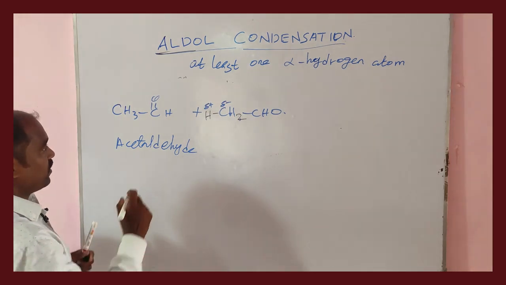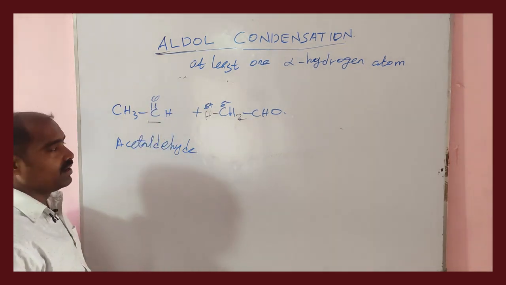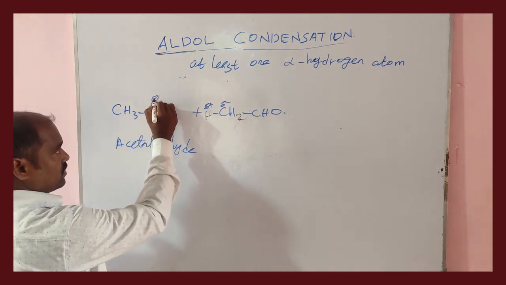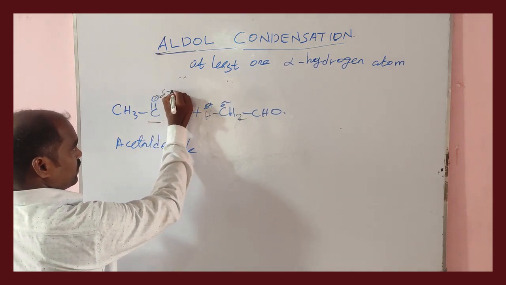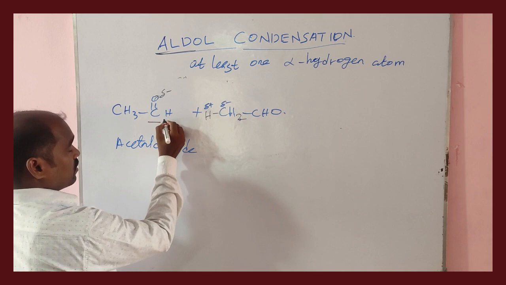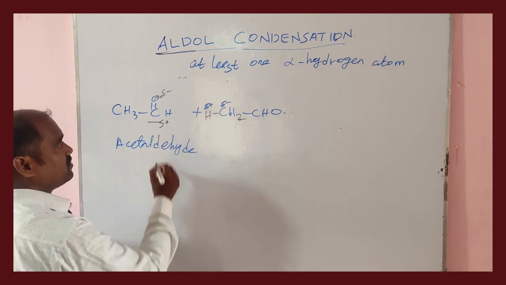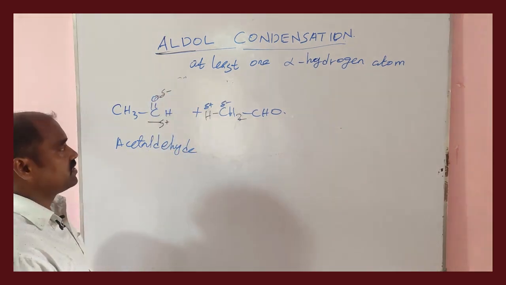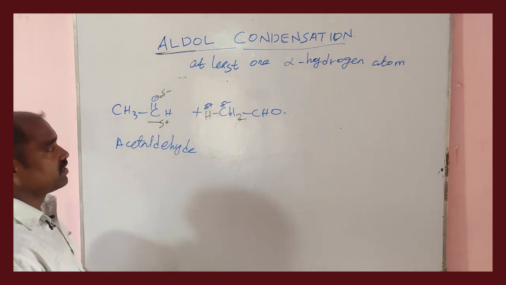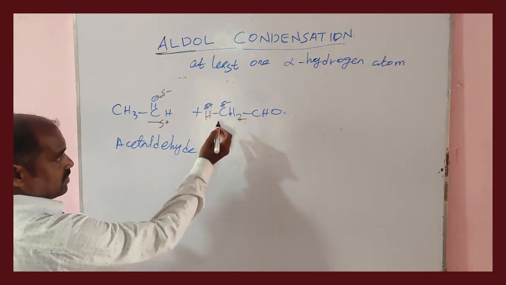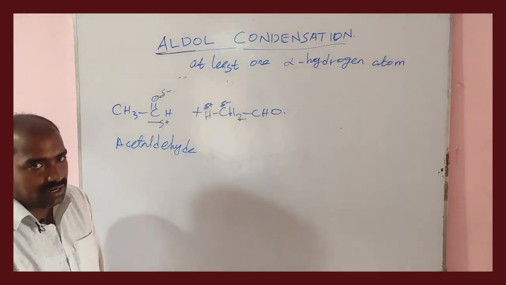Now look at this carbonyl group. Oxygen is more electronegative than carbon, so here carbon is partially positive and oxygen is partially negative. This is very important. I already told you about nucleophilic addition.